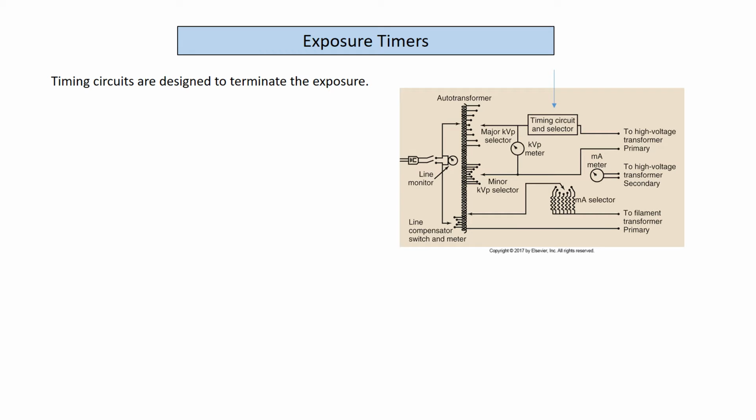Remember that the power company is not able to consistently give you exactly 220 volts, so therefore we have this line compensator. It's going to put that number exactly at the 220, and from that 220 then we're going to be able to bring that 220 volts up or down slightly by the use of the auto transformer.